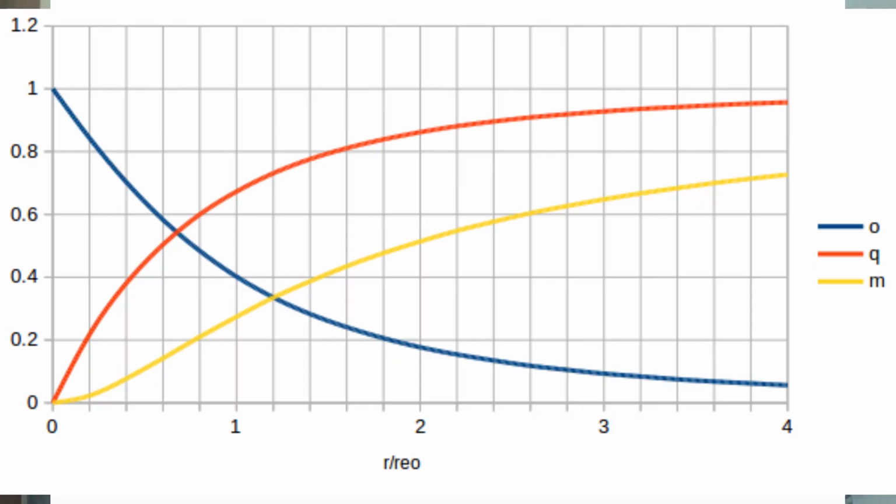The higher one is the charge, and the lower one is the mass, which you see is growing with the distance from the electron, both the charge and the mass. You see the charge rises asymptotically to charge 1, and the mass is a bit lower, but it continues until some specific value of the electron mass.